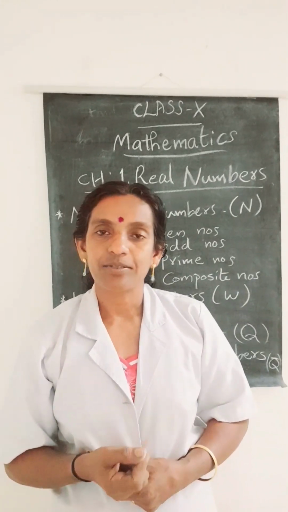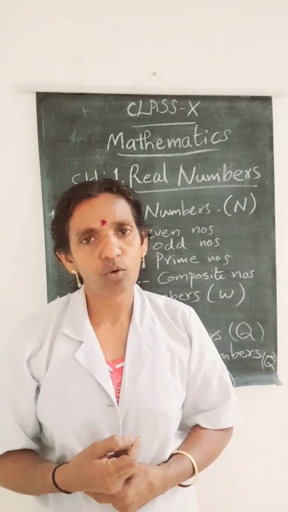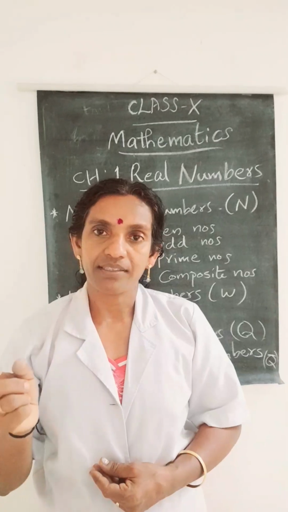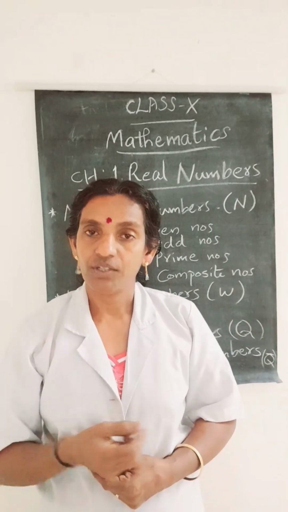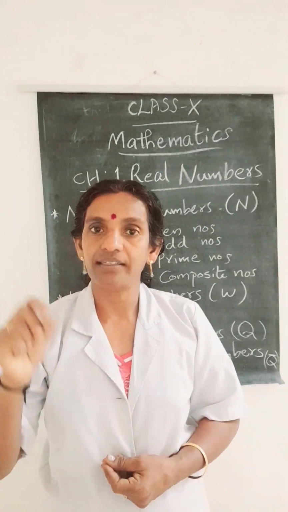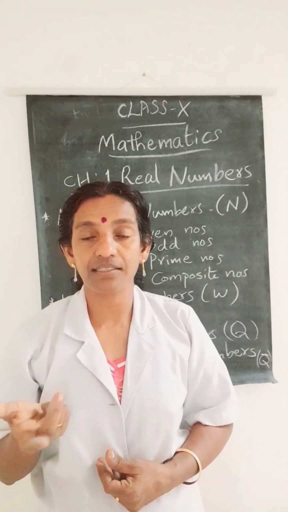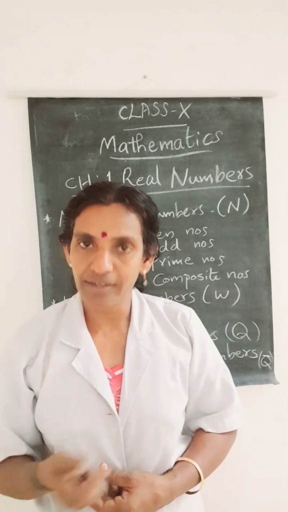Okay. So the next system is whole numbers. What are whole numbers? That also you have studied. Natural numbers with 0. Natural numbers and 0. So we can say that whole numbers are the numbers 0, 1, 2, 3, 4, etc. We can't say the last natural number and also we can't say the last whole number.